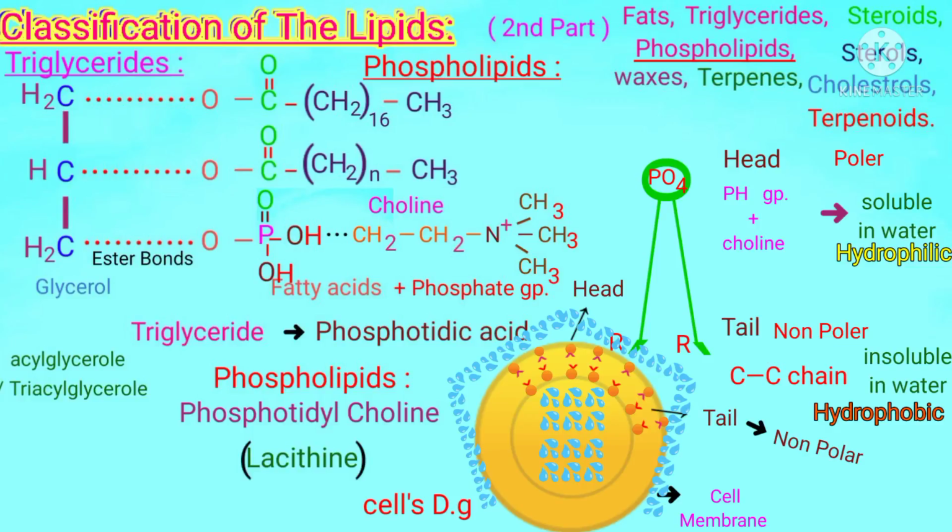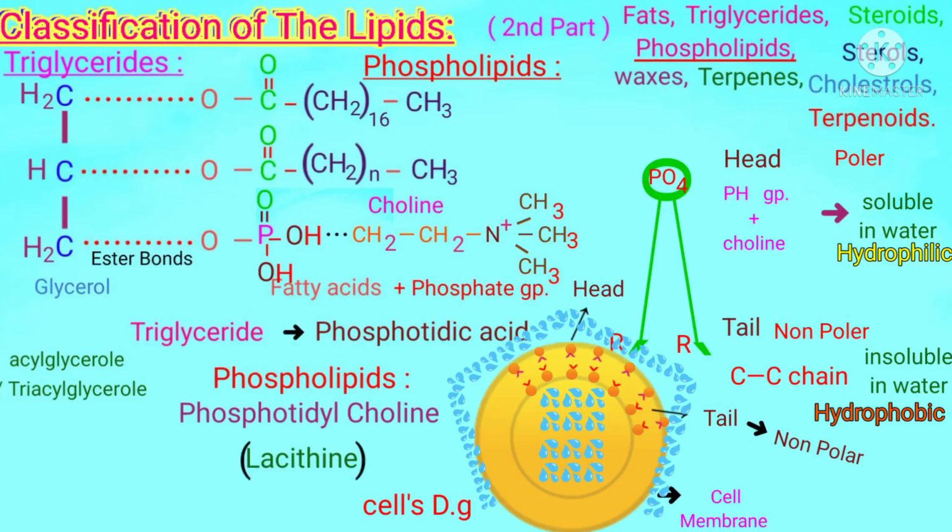So the tail region is present in the water-lacking region. Phospholipids have a double tendency: they are soluble at one end and insoluble at the other end. That's why they are major structural components of the cell membrane.